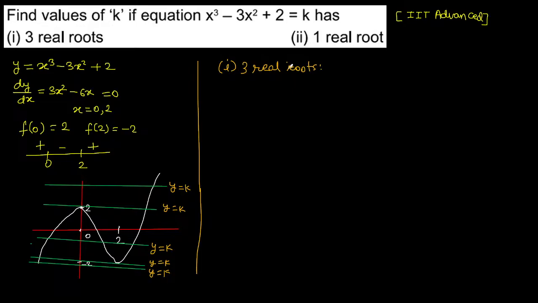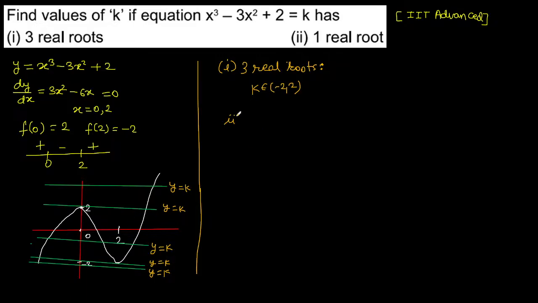When we have three roots, then k is between minus 2 and 2. So k belongs to minus 2 to 2. Then between this and this, y equal to k cuts the graph at 3 points.